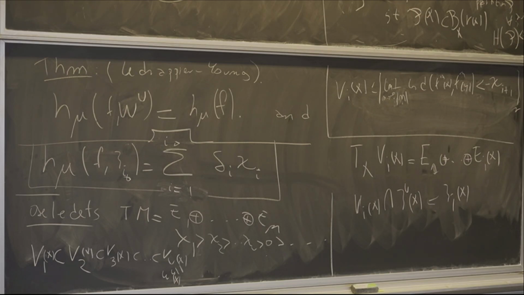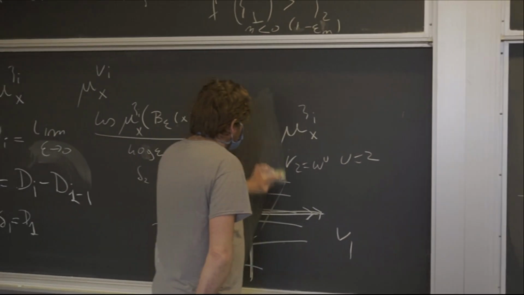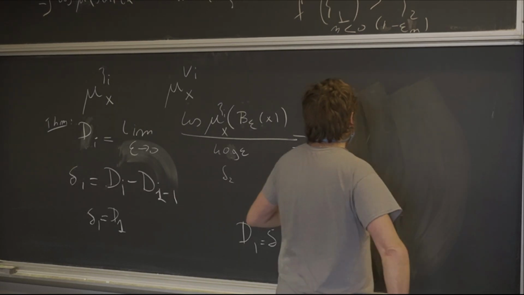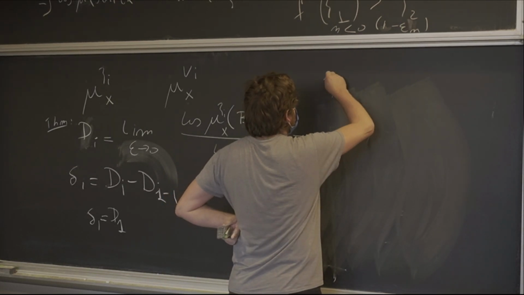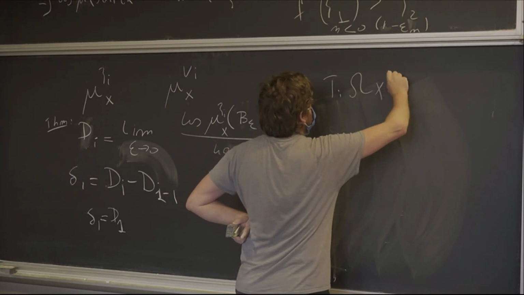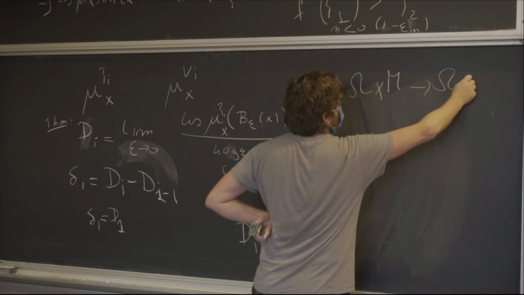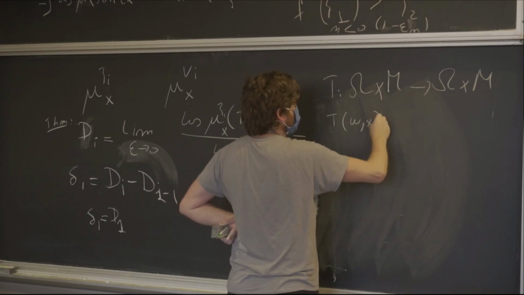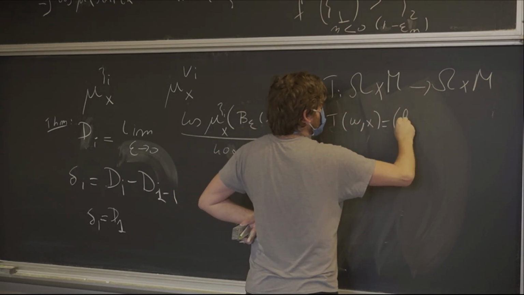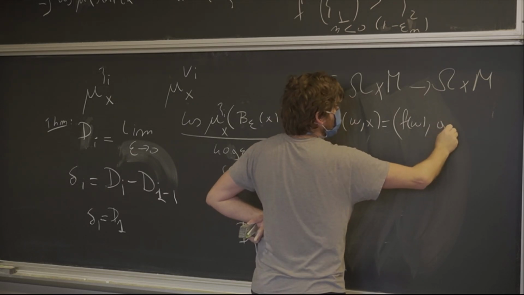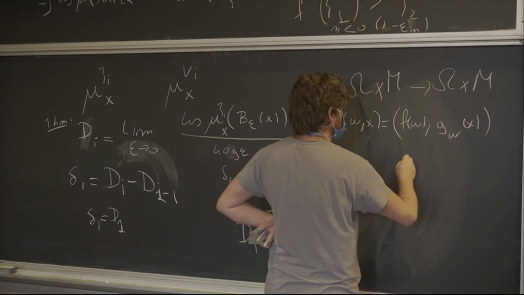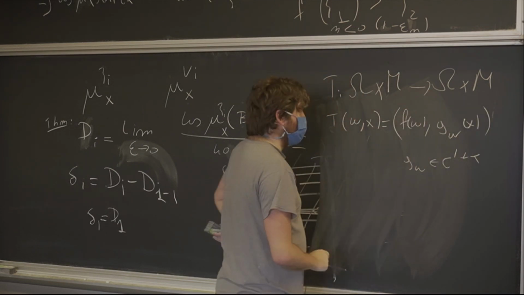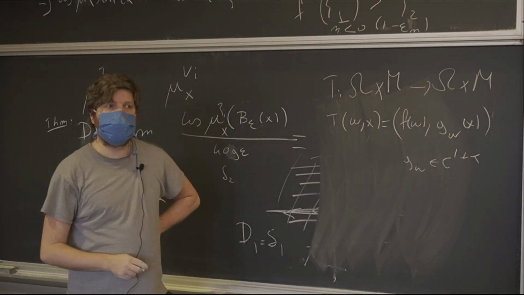So let's say, for instance, you have a cocycle type of system. So T from Omega times M, where T of (omega, x) is (F omega, G sub omega of x), where these G sub omegas are, say, C1 plus Hölder and so on. You have an invariant measure now for this product system.